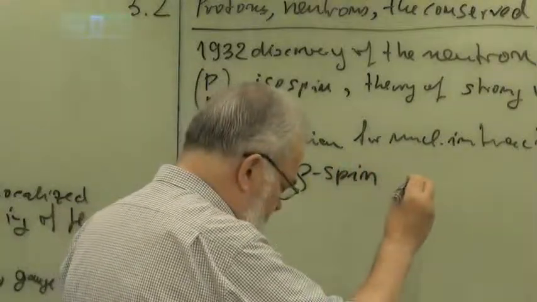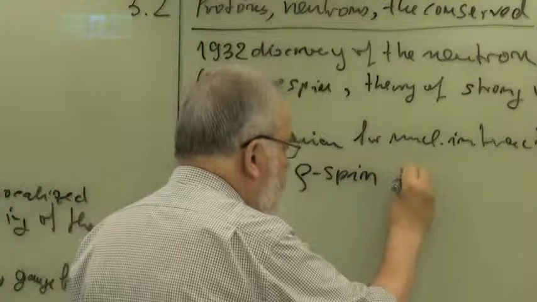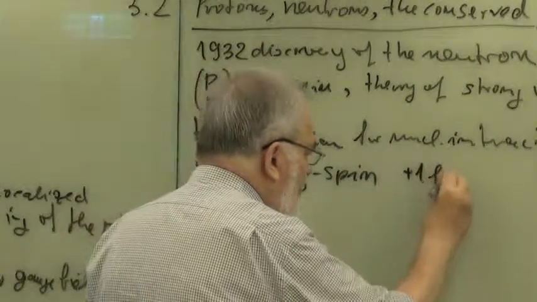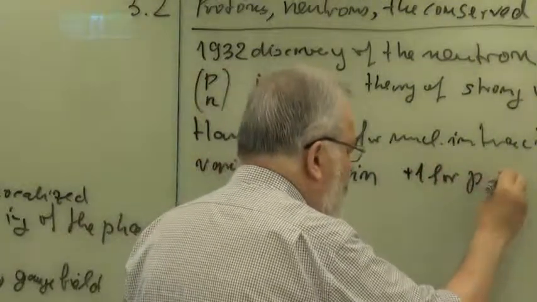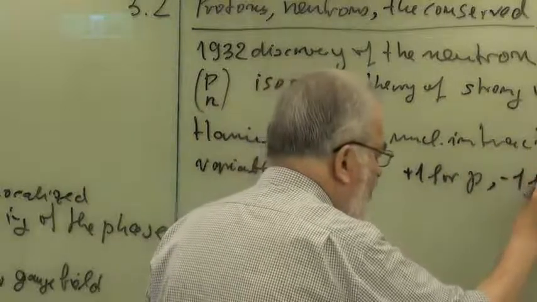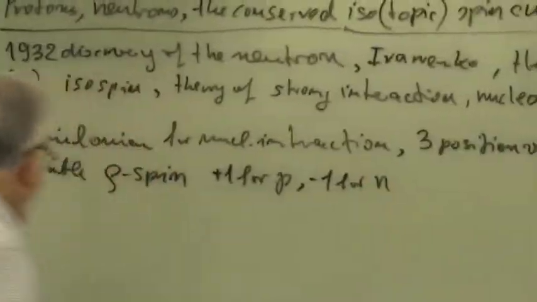The rho spin is +1 for the proton, and the rho spin is -1 for the neutron.